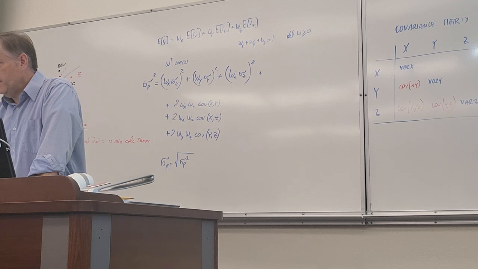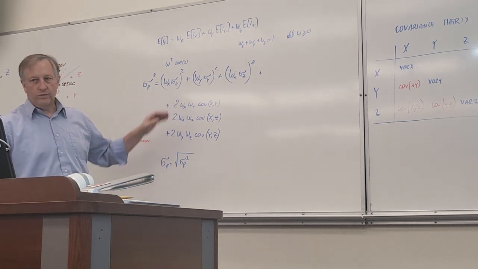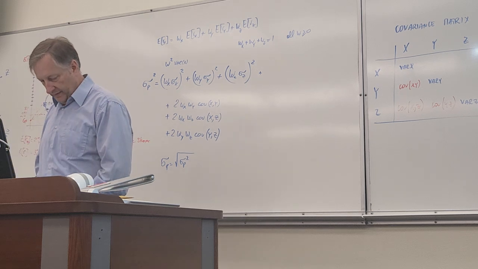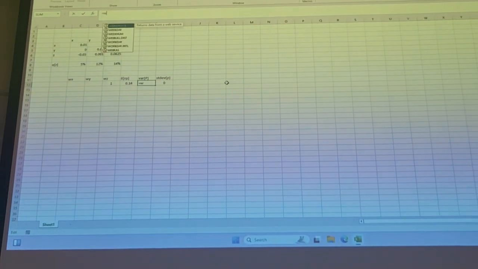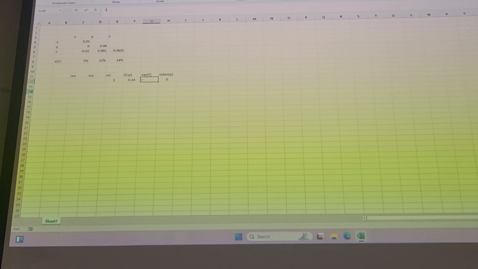I have to make this bigger. Alright, so the variance is equal to the weight of x squared, w x, which I didn't name, so it's going to be this guy.